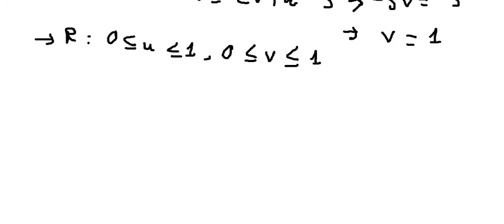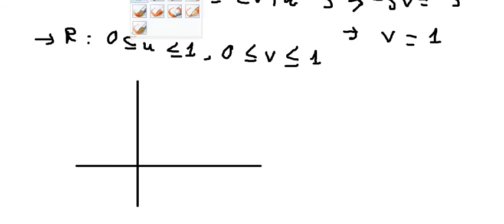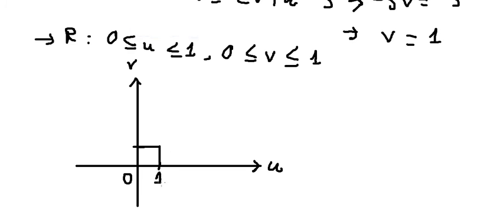So the graph of u and v should be like this. And this is the region of u and v.